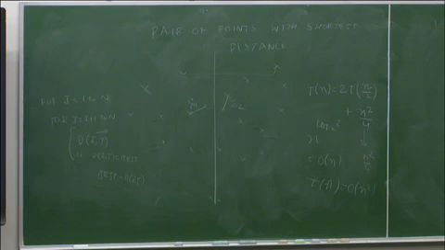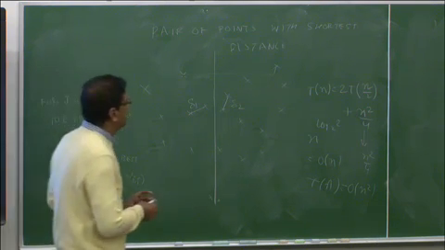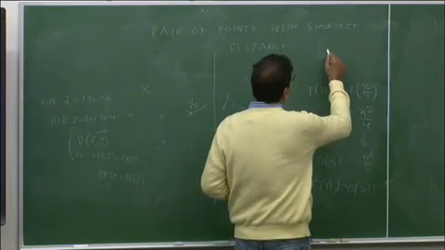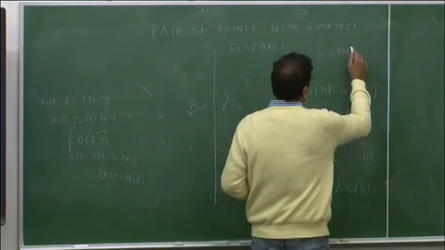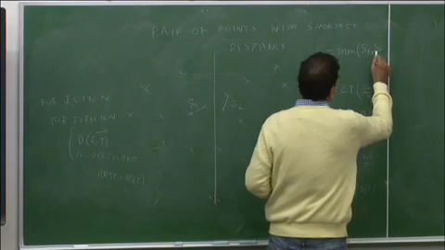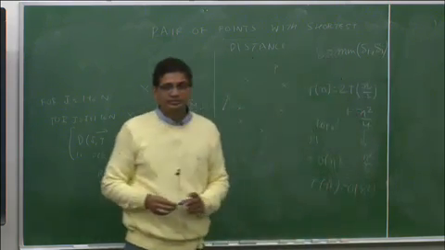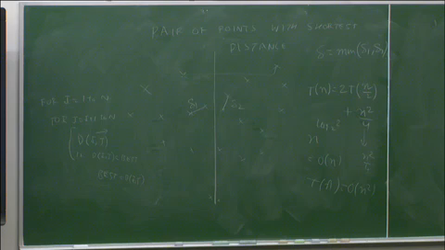Okay? All right? Now, I take the minimum of these two values. So, delta is nothing but equal to minimum of delta 1 comma delta 2. Okay?